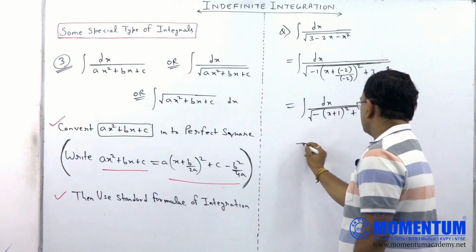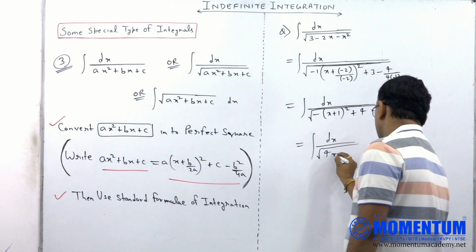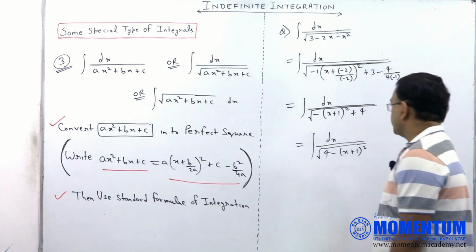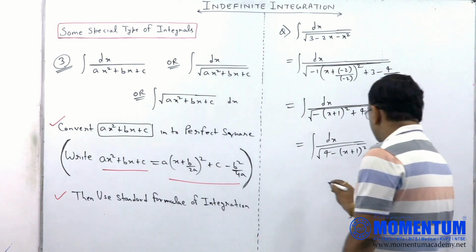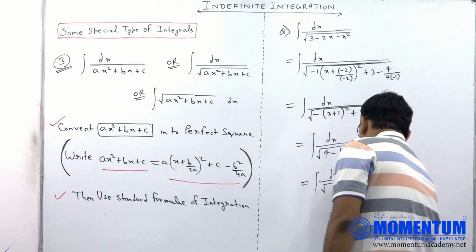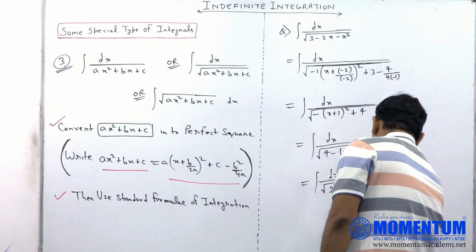So now 1 upon root over 4 minus x plus 1 whole square. Is it? I will write it as 1 upon root over 2 square minus x plus 1 whole square.